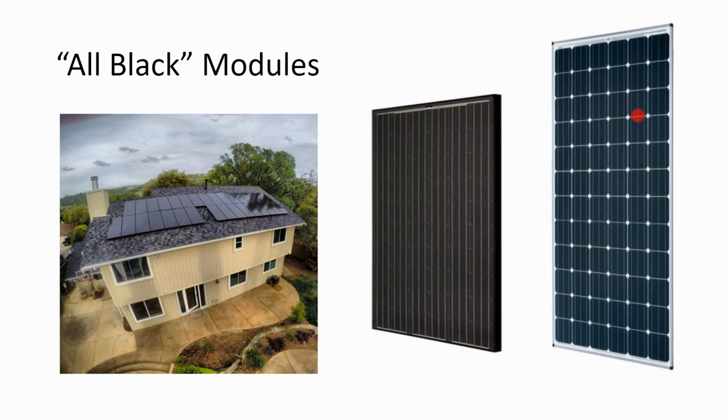The only error that this installer made in this picture is that there's a plumbing vent right here, and obviously they did the design for it to be one big row, and they got up on the rooftop and said, uh-oh, there's a plumbing vent there, and so they stuck an additional module over here on the end.